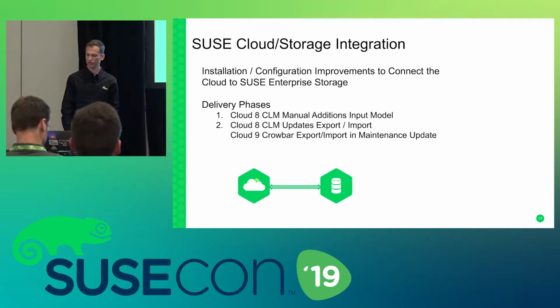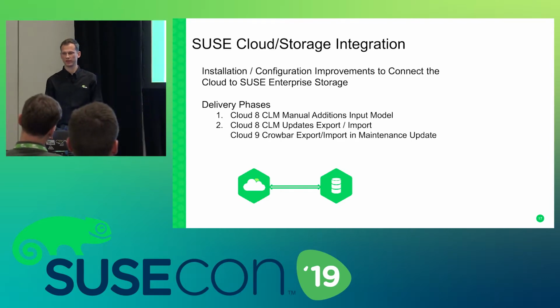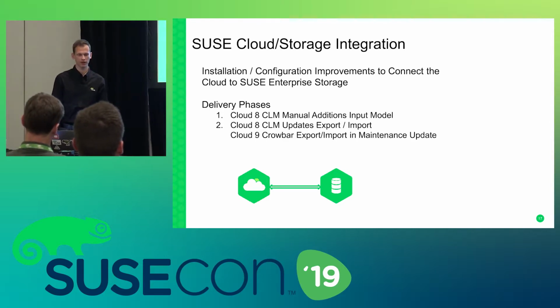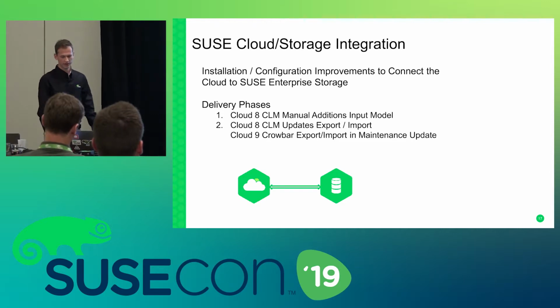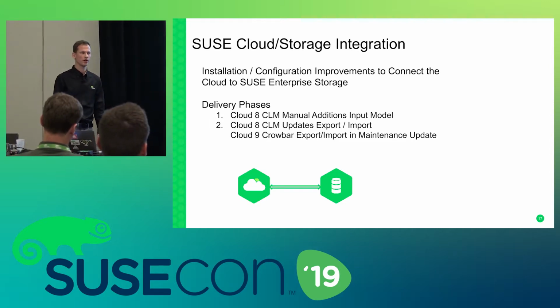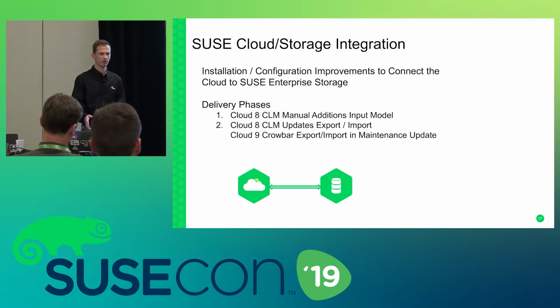As TR mentioned in the beginning, we want to make the operators' life easier. So we want to have a better integration of SUSE Enterprise Storage and SUSE OpenStack Cloud. There we have delivery phases. What we already did is provide additional input models for CLM, so you can define your SES settings once, and then they get used in all the OpenStack components.